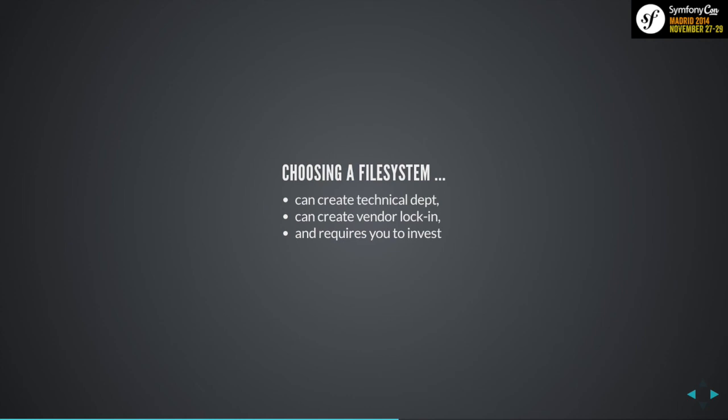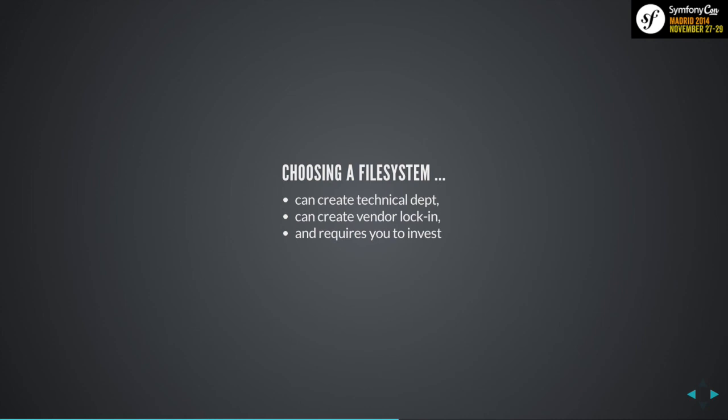If you're developing your application and you're just using a file system, then choosing a file system by definition creates technical debt if you have that in your application. If your classes are aware of a service like Dropbox being used, and you want to switch to S3, or switch from S3 to Rackspace, for example, then you need to rewrite all the classes because they're all aware.